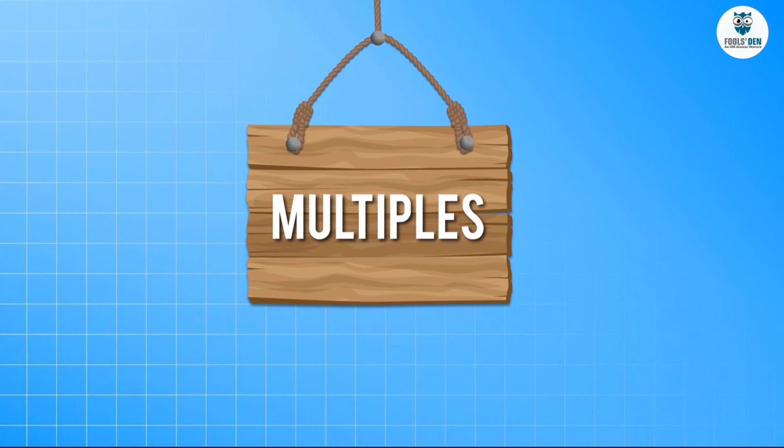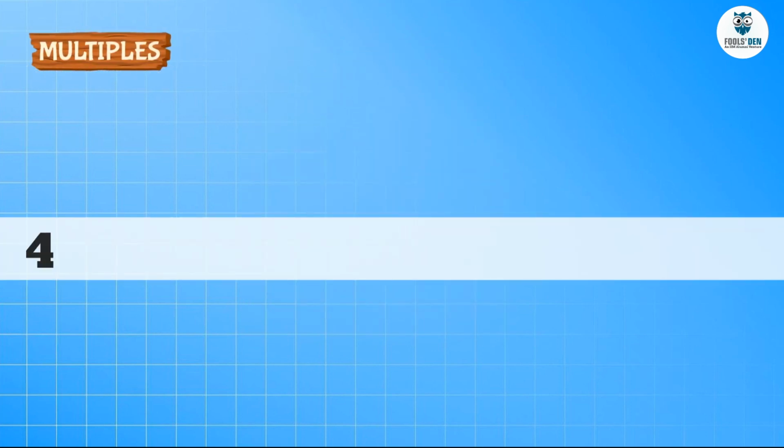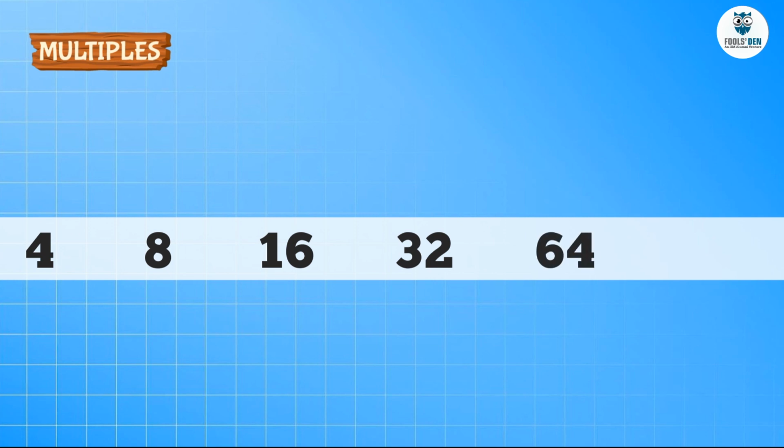Let's go to concept number 2, that is questions based on multiples. Have a look at this series. 4, 8, 16, 32, 64, question mark. Here, if you have a closer look at the series, you need not find the difference between the consecutive numbers.